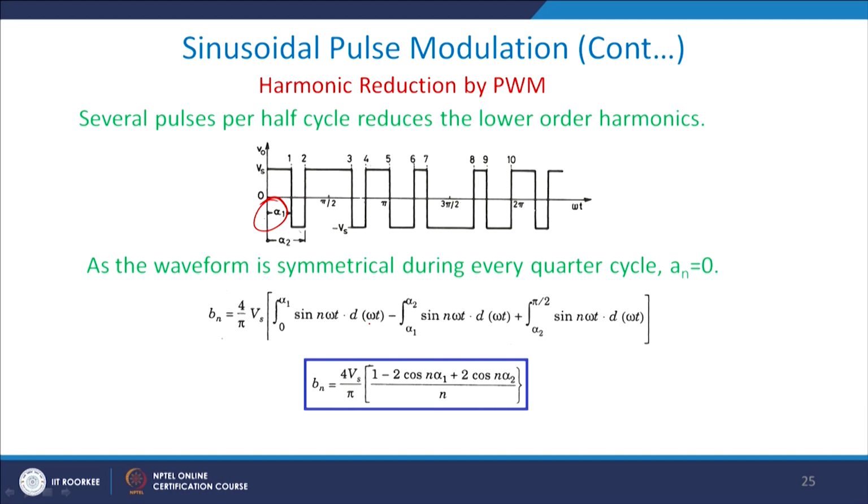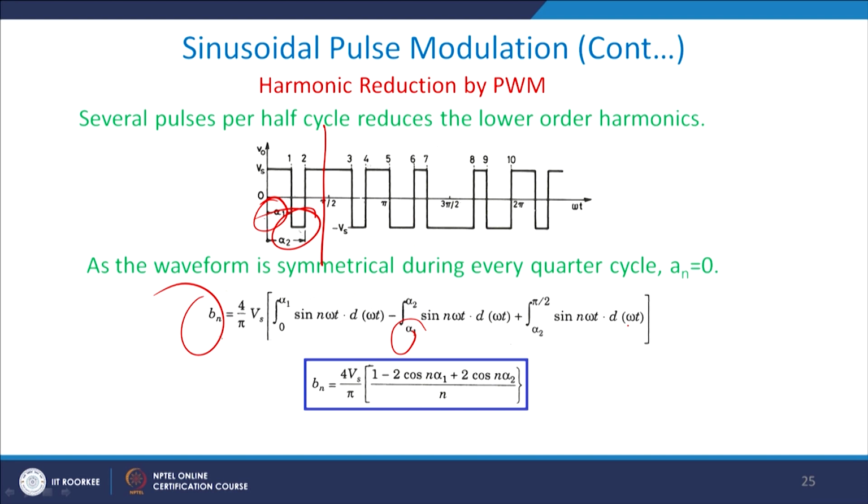We have odd wave symmetry, thus only the sine component will be preserved, and so Bn will be 4 by pi Vs, integral 0 to alpha 1 sine n omega t d omega t, thereafter minus, because here you get minus, alpha 1 to alpha 2 sine n omega t d omega t, plus again alpha 2 to pi by 2 sine n omega t d omega t.